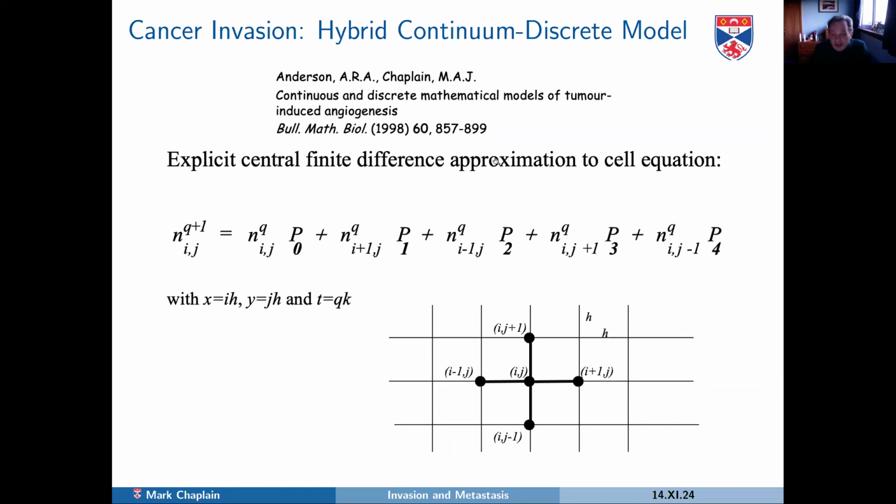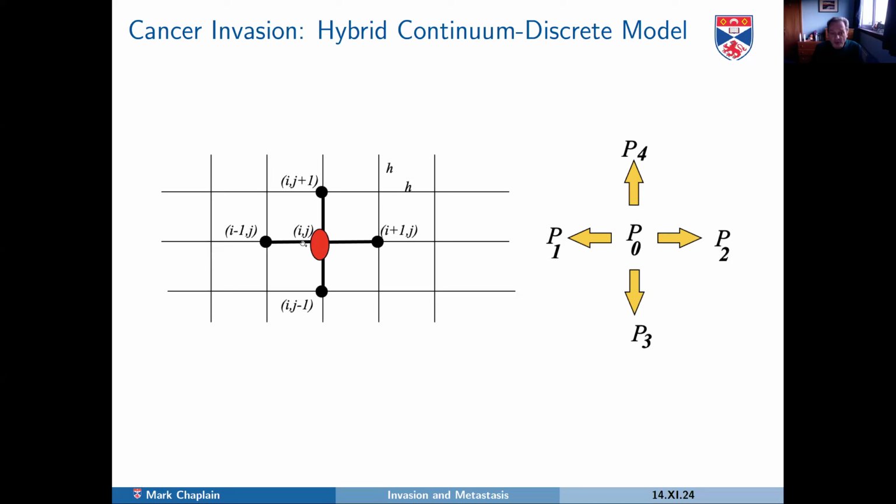Okay, so again, this is just a recap of what we talked about on Tuesday. This is the explicit finite difference approximation to our cell equation. These were endothelial cells on Tuesday, now they're cancer cells, and we're working on a 5-point stencil. And so the numbers P0 to P4 are just the probabilities of either remaining the same or moving to the nearest neighbor grid points on our stencil.